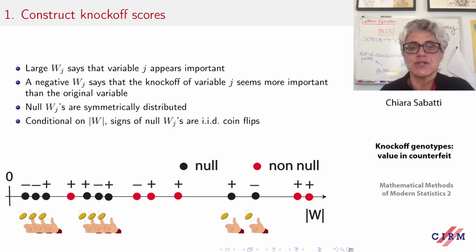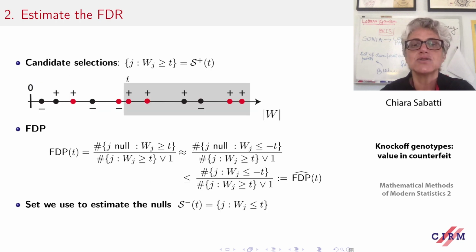Now, what is crucial is that for variables that are null, the W_j's are symmetrically distributed. And in fact, conditionally on the absolute value of W, the signs of the W_j's for null variables j are IID coin flips. And we can leverage that to estimate the FDR.